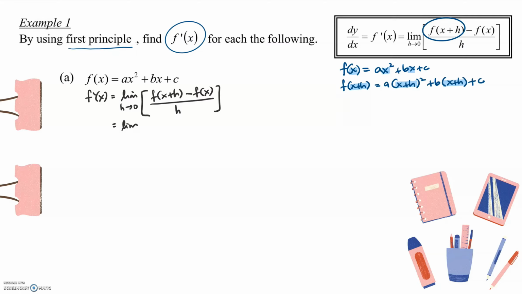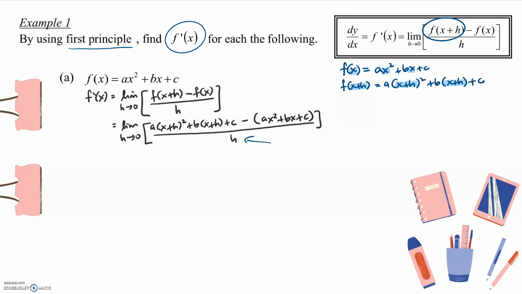So we have the limit of [a(x+h)² + b(x+h) + c minus f(x)], so our f(x) is ax² + bx + c, divided by h as h tends to 0. Our aim here is to cancel h at the denominator. So in order to cancel h, we need to expand the numerator first.